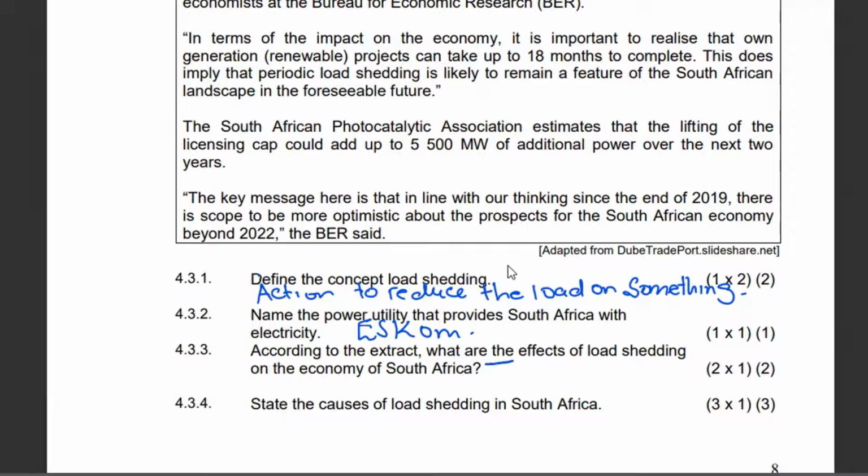You talk about job losses, and you have the GDP. Let's move on to the next one.